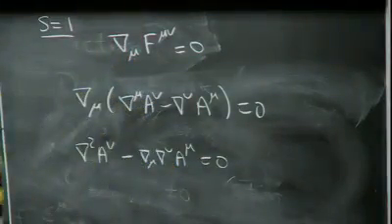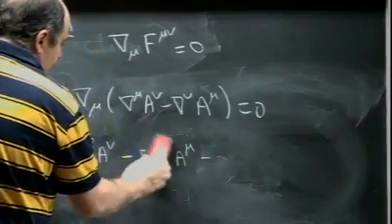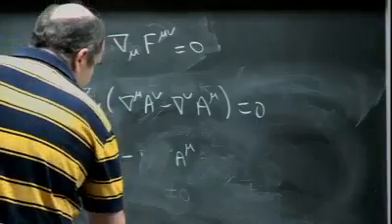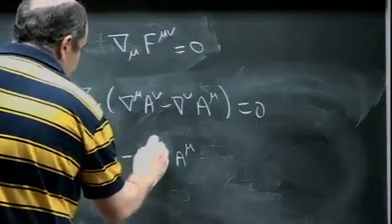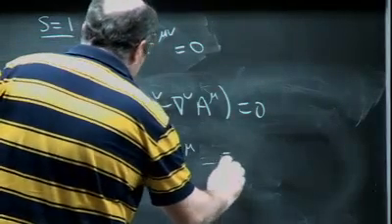Now we can commute these derivatives here and write this as nabla mu, and then we have to add the commutator.